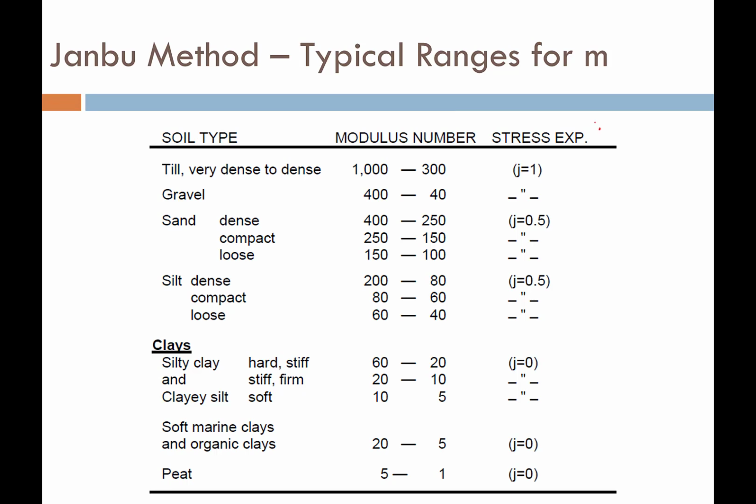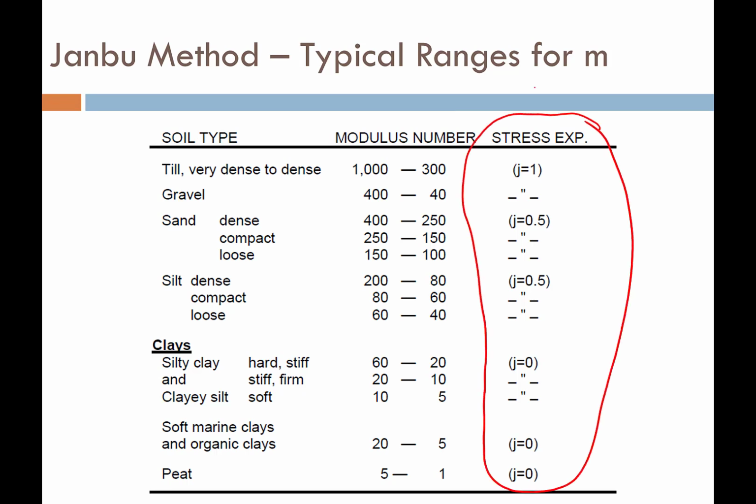But what you're going to use this table for more commonly is the stress exponent. So again, notice everything that's clays or fine-grained, it's J equals 0. Everything that's very dense or hard, J equals 1. And then everything in between, very simple assumption, you can just assume J equals 0.5.